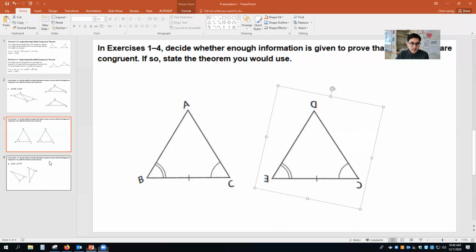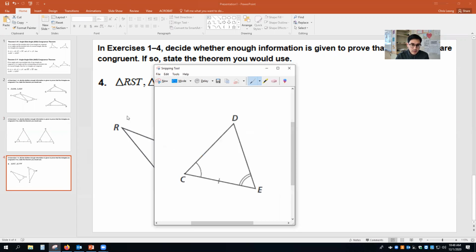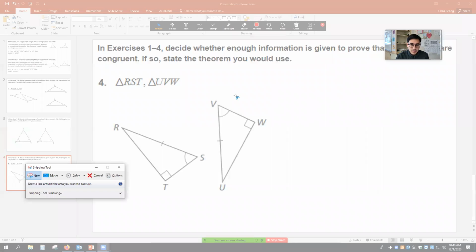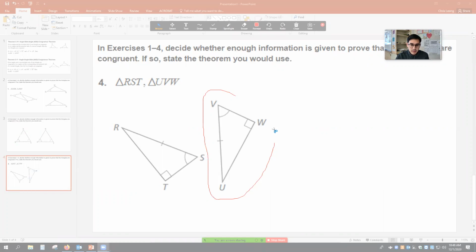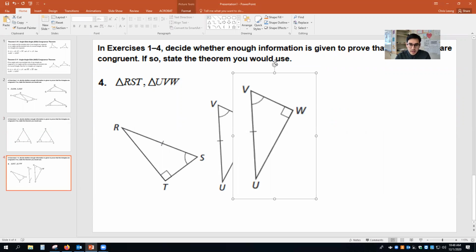All right, let's look at the last one here. Are the triangles RST and UVW congruent? This one's going to be a little bit easier since they're not connected in any way.